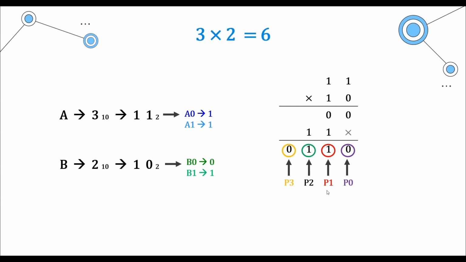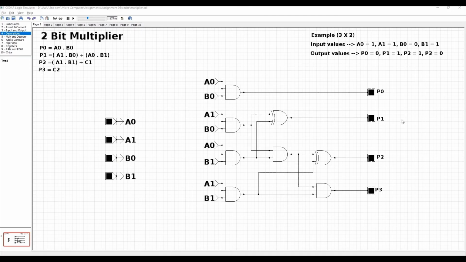So let's move to our simulator and check this example. Now we are in our simulator. These are the input values for our example, and these are the output values. As input values, A0 is 1, A1 is 1, B0 is 0, and B1 is 1.